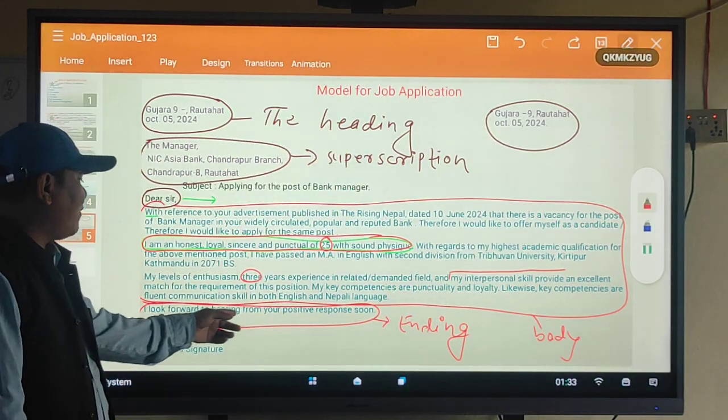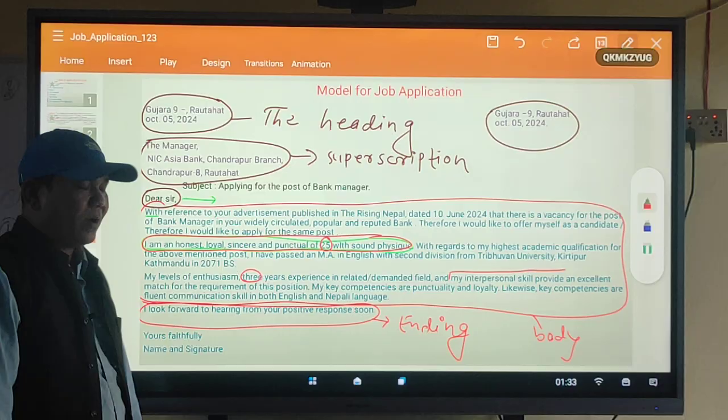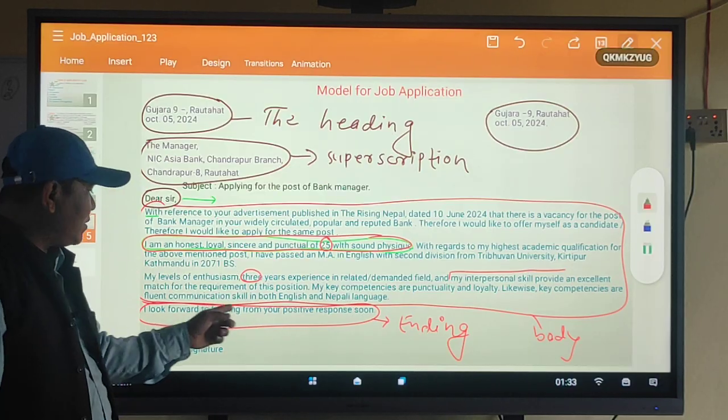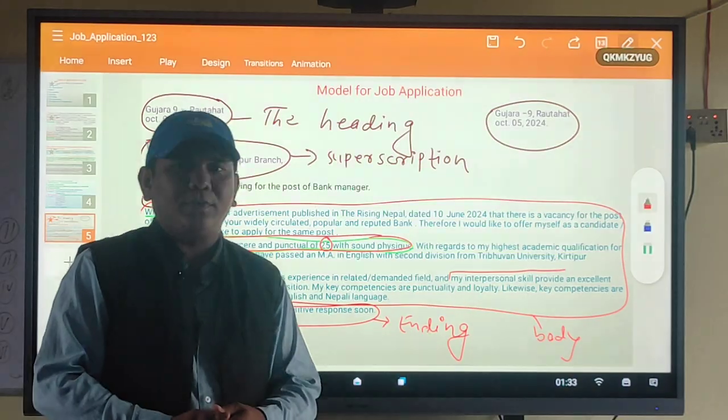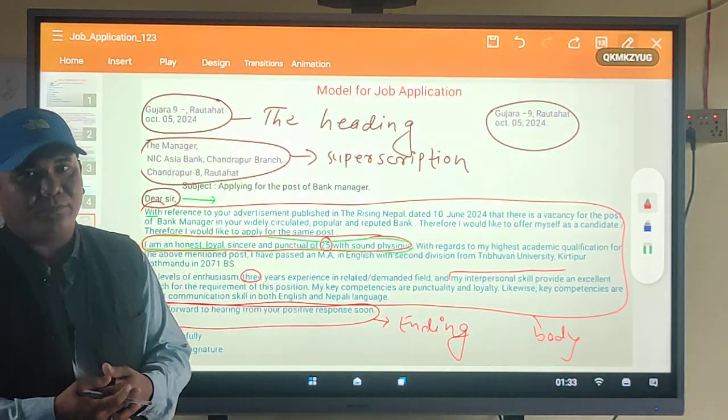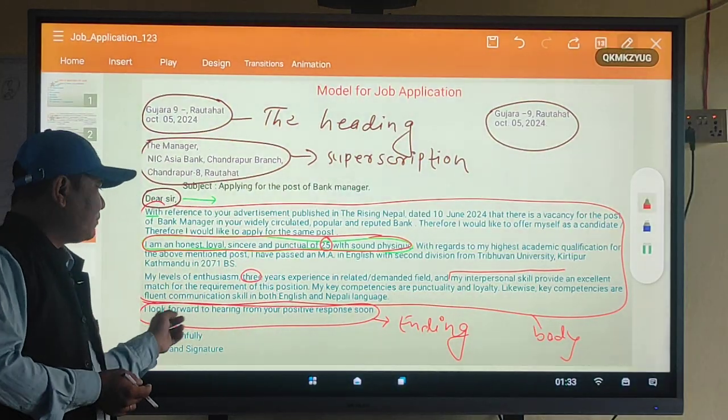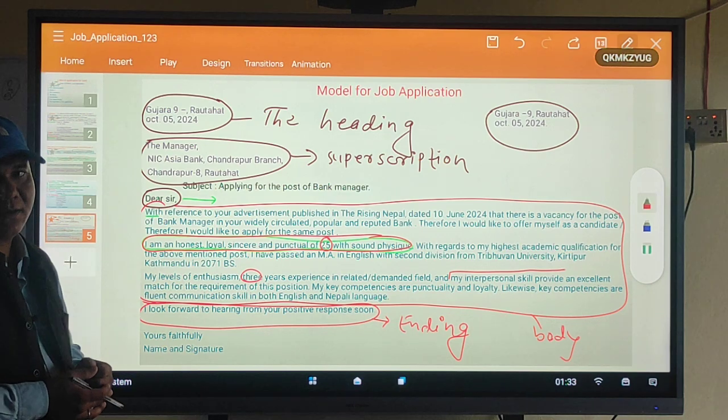I look forward to hearing from your positive response. Or in place of this sentence, you can write thanking you. Okay.